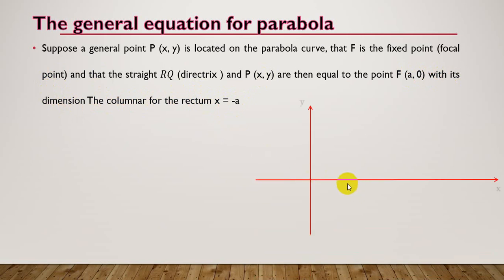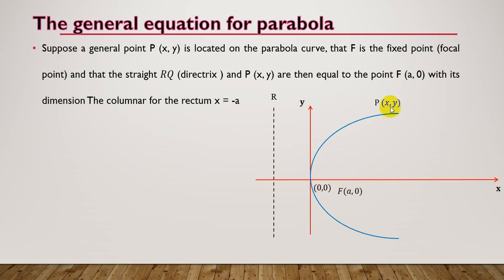We now have X and Y, and this is our parabola. We have the focus and we have the directrix. This is the vertex of it, the vertex of the parabola. So the distance to the directrix should be similar to the distance to the focus point, this one.